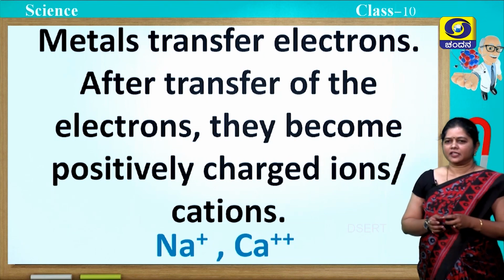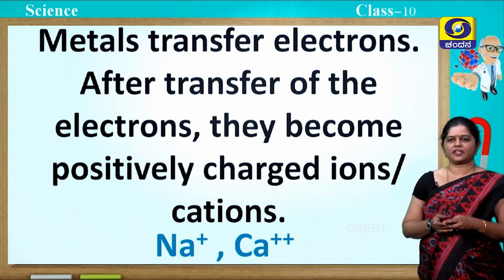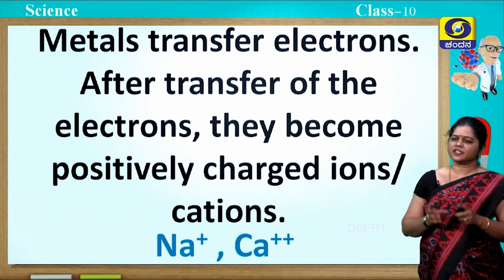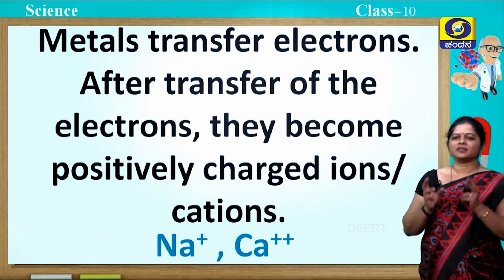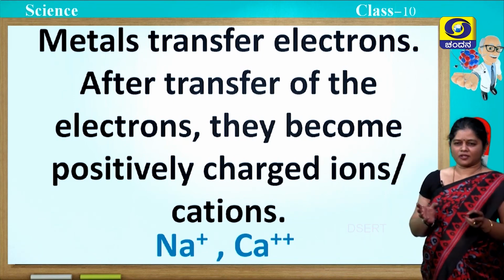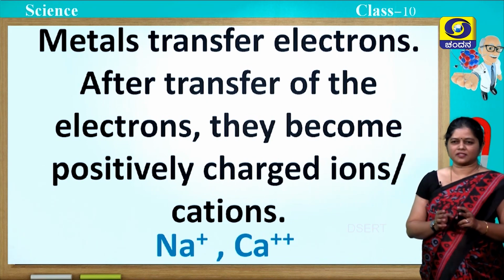Metals transfer electrons. All metals transfer electrons. After transferring the electrons, they become positively charged ions or cations.